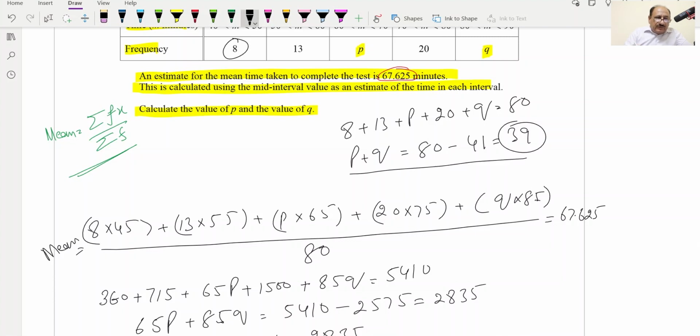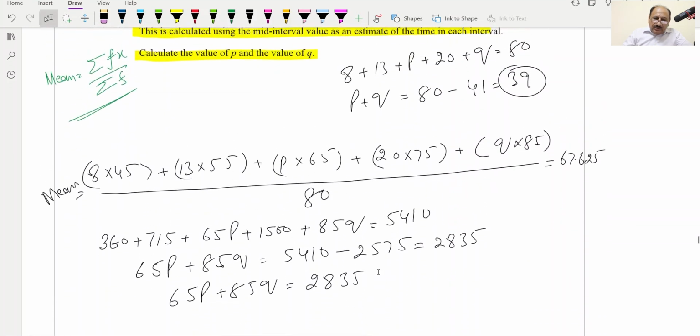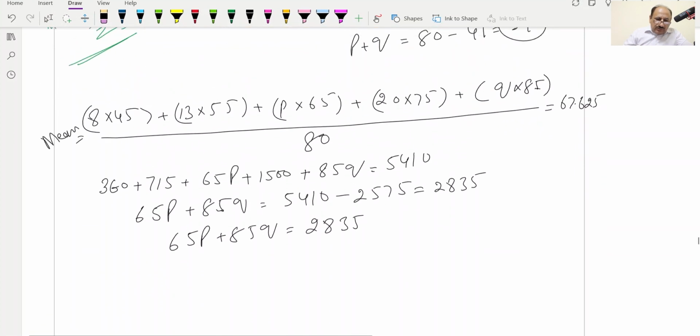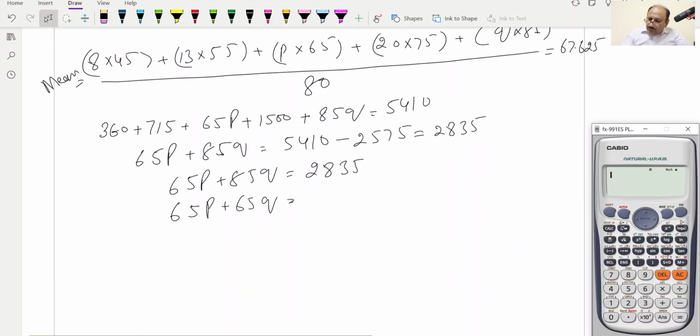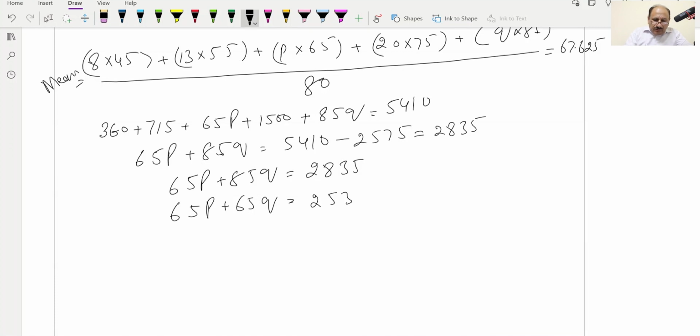equal to 39. So we will multiply this equation by 65, and we can solve this simultaneous equation. 65p plus 65q is equal to 39 into 65. So 39 multiplied by 65 will be equal to 2535.